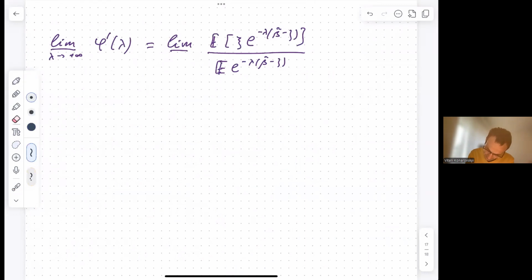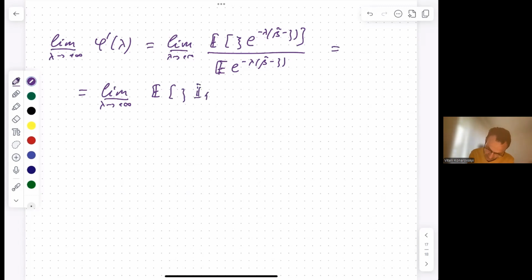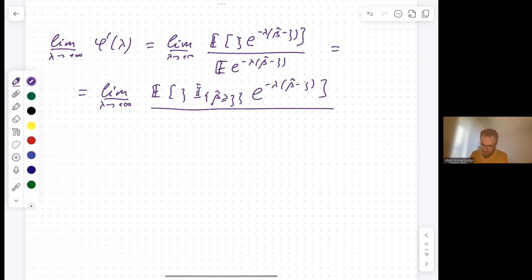It is equal to the limit, lambda to plus infinity, of the expectation of xi, indicator that beta tilde is larger or equal than xi, and e to the power minus lambda (beta tilde minus xi). Because with the indicator that is strictly smaller, that part is equal to 0. I can split, and one of the terms is equal to 0. I hope it is clear.